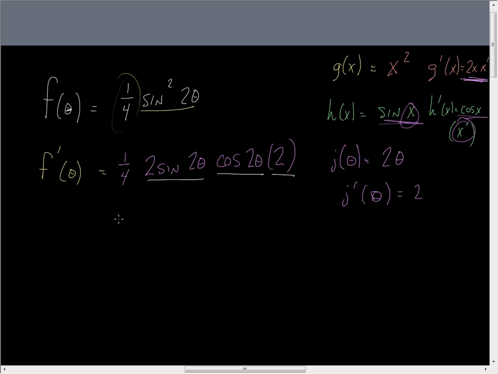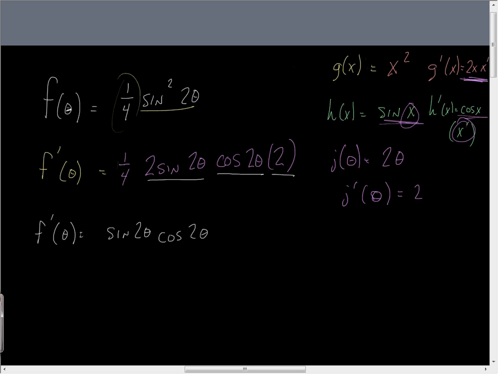So in the final answer here, we've got f prime of theta is equal to 1/4 times 2 times 2. 2 times 2 is 4, divided by 4 is 1. And so I really have sine of 2 theta cosine of 2 theta, and I can quite easily just leave my answer just like that.